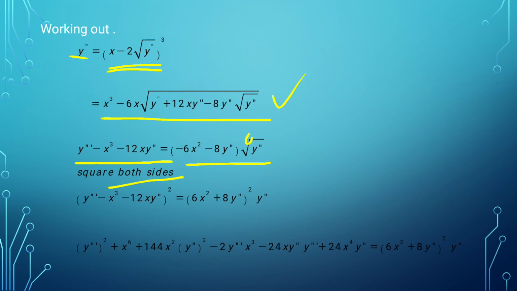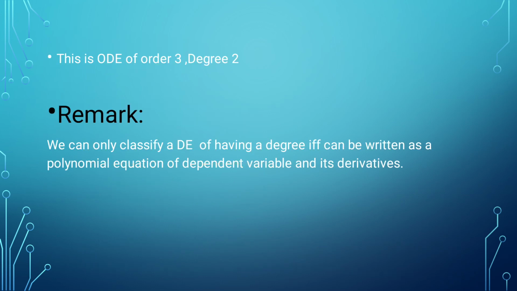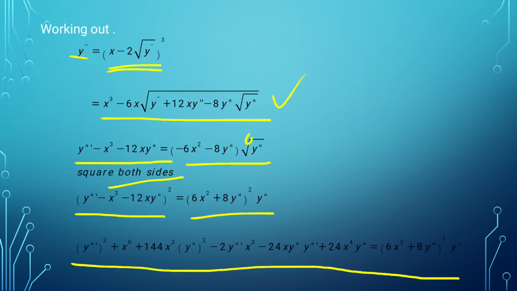When I square both sides, I'll have this on the left hand side, and on the right side I'll be left with this. Expanding, you'll find that after expanding you are getting this kind of equation. When you expand that, I now have integers as my powers here.